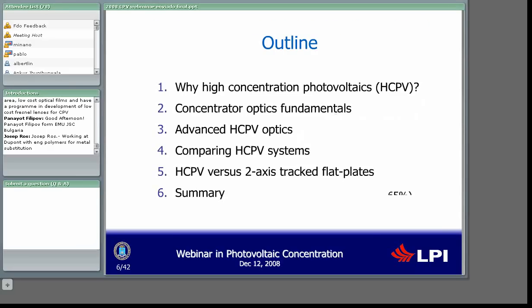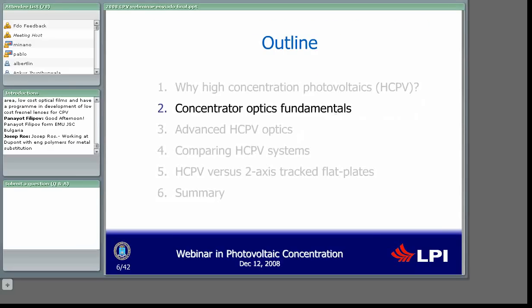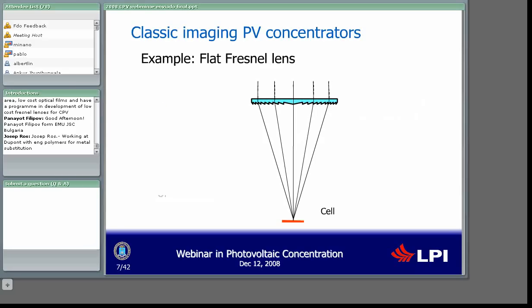Let us introduce some fundamentals of concentrator optics, and for that we will use the example of the most common PV concentrator, an imaging device. The classic PV concentrators are based on imaging optics, and for the example we have selected the flat Fresnel lens.